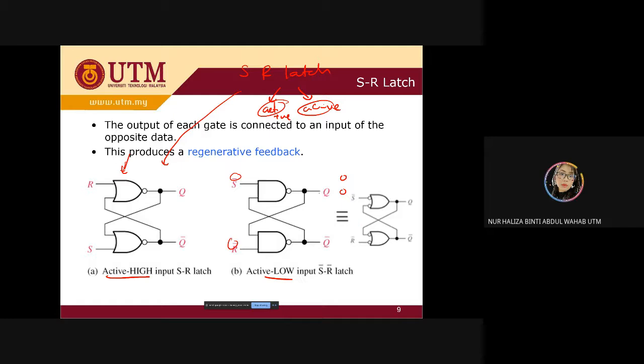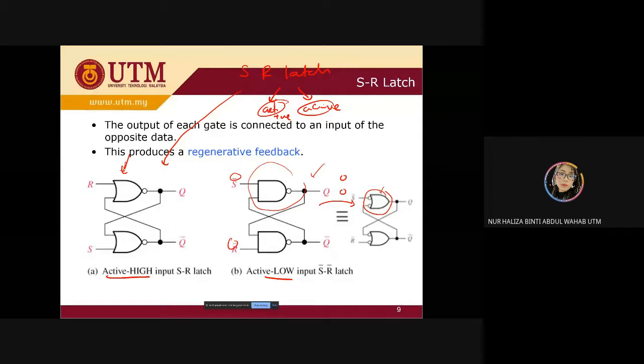Okay. For this active low, you can also have the NAND looks here, and you can also have the negative OR. This one, I think no need for me to explain anymore. This one you already learned on your module 6 or 5.